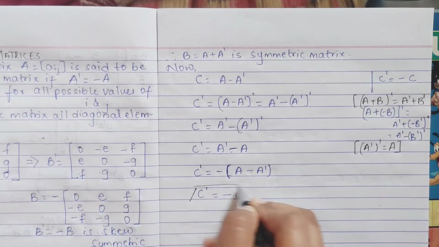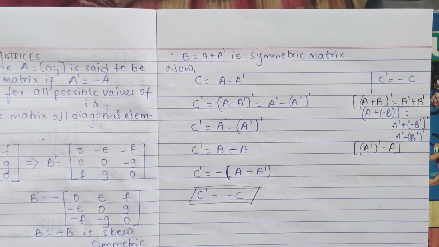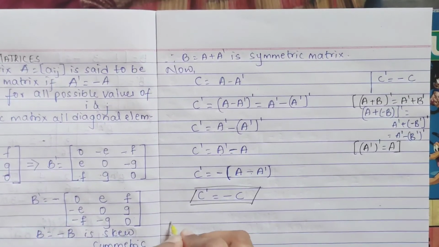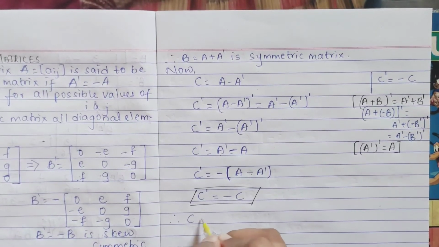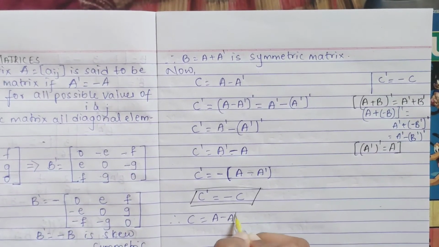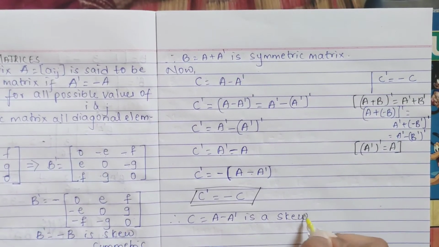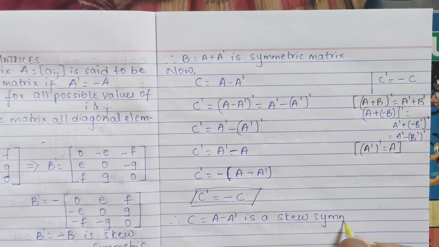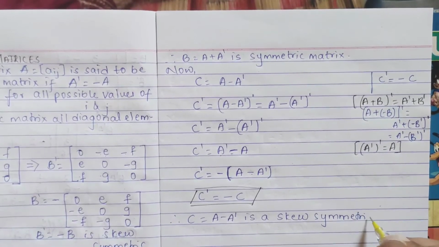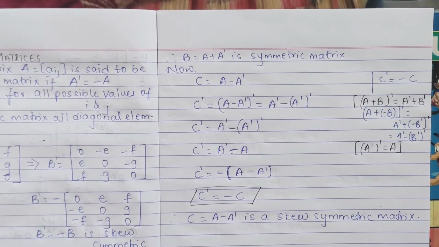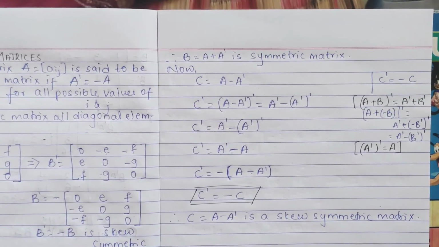So you can put this in a bracket, and at the end you can write: therefore C is equal to A minus A transpose is a skew symmetric matrix. So this ends your proof for the theorem.